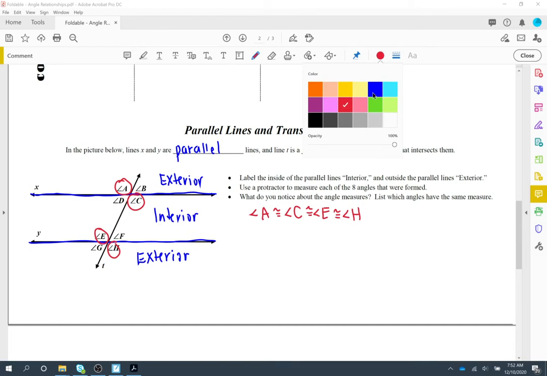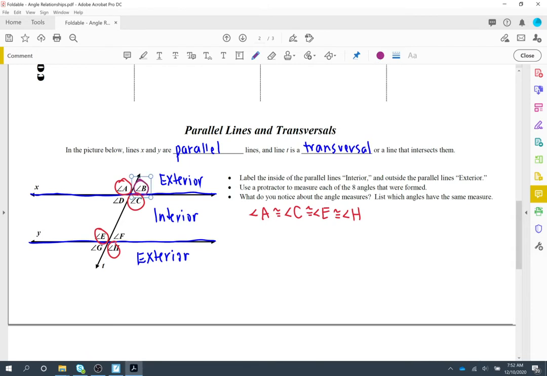Now, if we take a look at our other ones, what about angle B? Angle B is not obtuse. Angle B is acute. He's smaller than 90 degrees. If you look at angle D, so is he. And you also notice that those are vertical angles, and we already know that vertical angles are congruent.